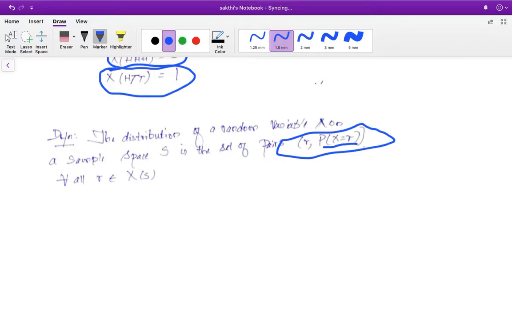Okay, so that is called a random variable. Now let us map this to an example to get more clarification out of this definition.